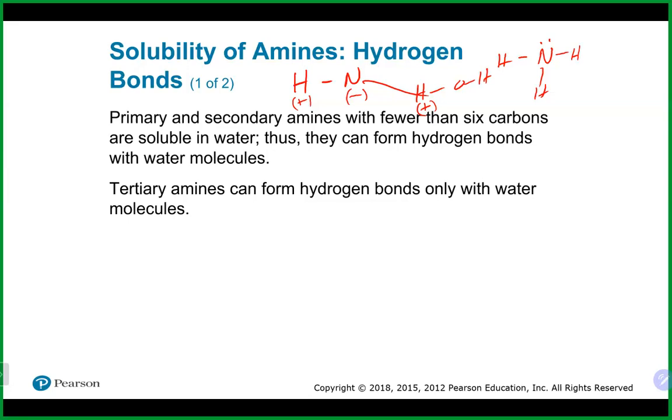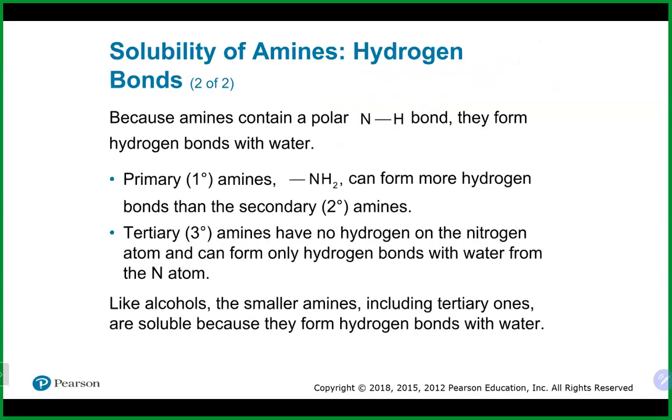Again, as long as there are not super big carbon groups attached to that nitrogen getting in the way, you're going to have pretty good solubility, like most of those guys that can hydrogen bond. So primary amines can form more hydrogen bonds than secondary amines, because a primary amine has 2 hydrogens. A secondary amine only has 1 hydrogen, and as we just talked about, a tertiary amine has no hydrogen, so obviously it cannot form any hydrogen bonds there.